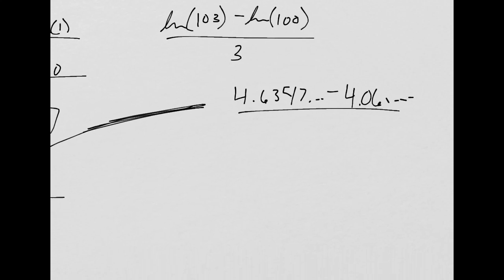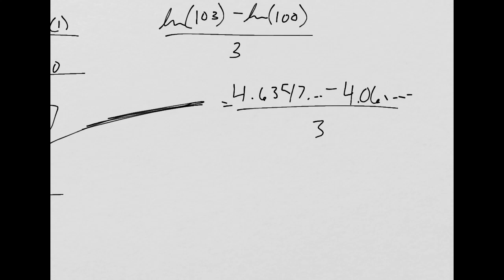And then I'm dividing by 3, so then that's part B. And then what would that be? That would be 0.029 something, I think.